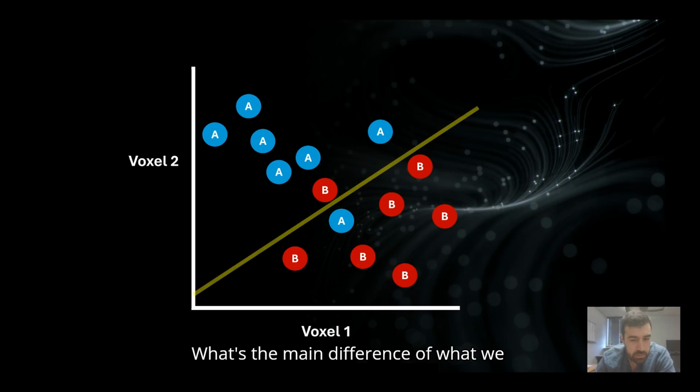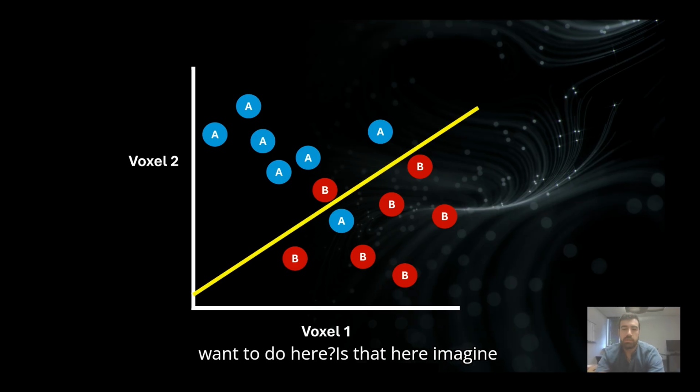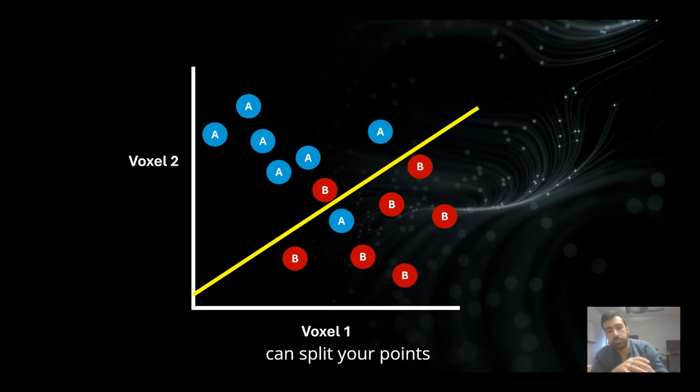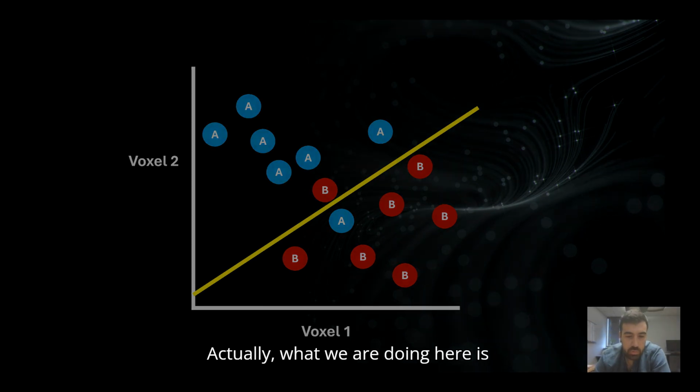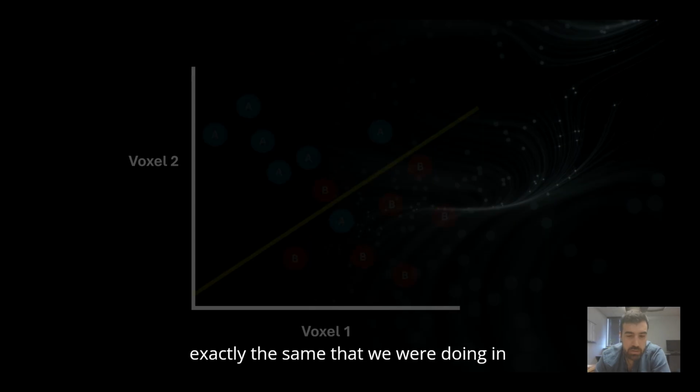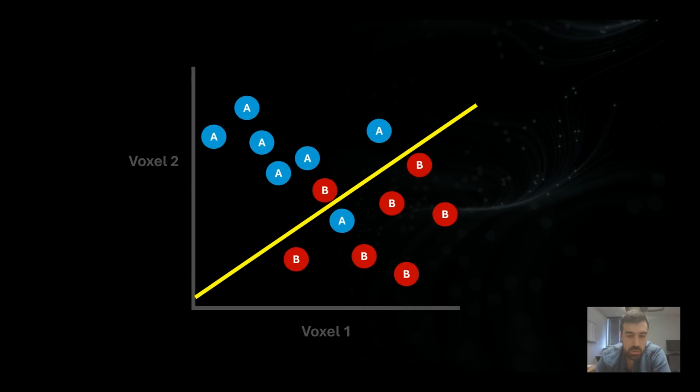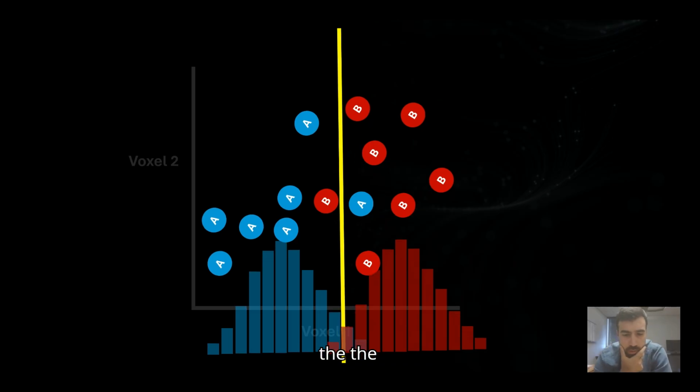What's the main difference in what we want to do here? Imagine that we establish a line, for example, this yellow line, that is going to indicate whether you can split your points into condition A and condition B. Actually, what we are doing here is exactly the same as in the previous analysis.